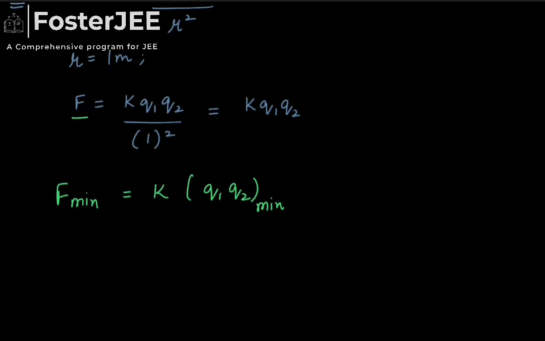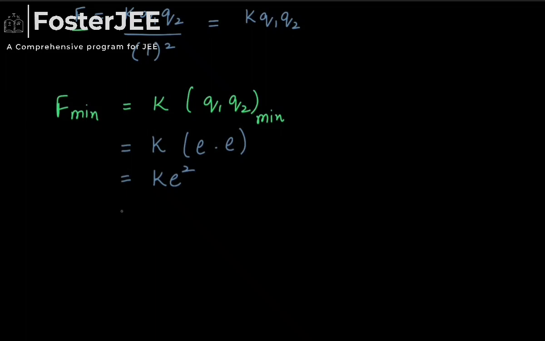Now, we know that the lowest possible charge on any type of matter is e, which is the quantum of charge. Hence, if we consider both the charges as electrons or protons, or one electron and one proton, the magnitude of charge will be the same. In that case, our force will be minimum, and that is equal to K e square.